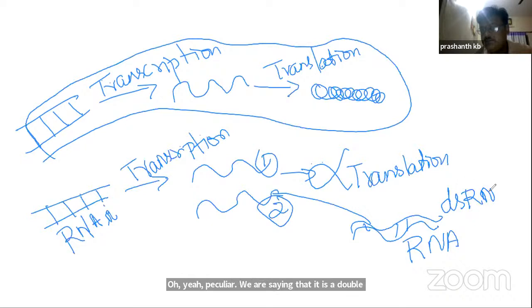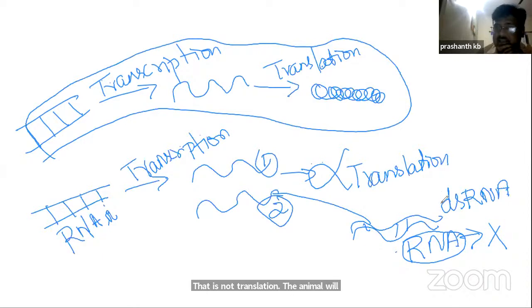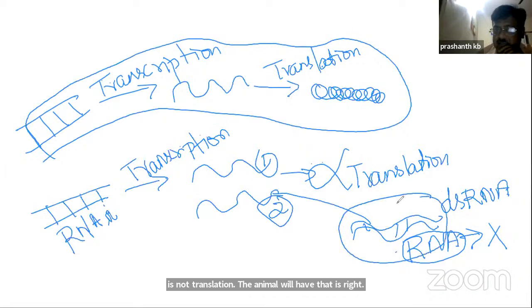You have never heard about this one. It is given in the textbook. It becomes double-stranded so that this Meloidogyne RNA will not undergo translation. So if there is no translation, the animal will die. That is why this is called RNA silencing. This technique is called the RNA silencing technique.